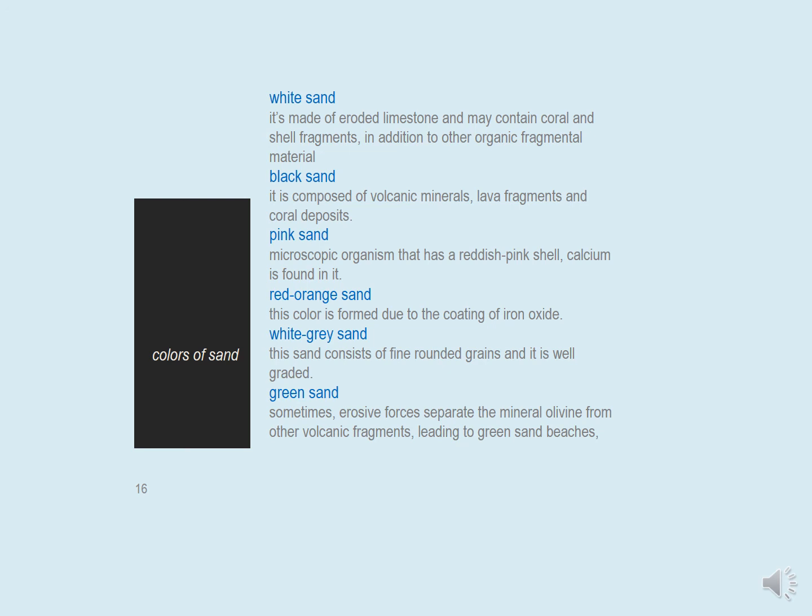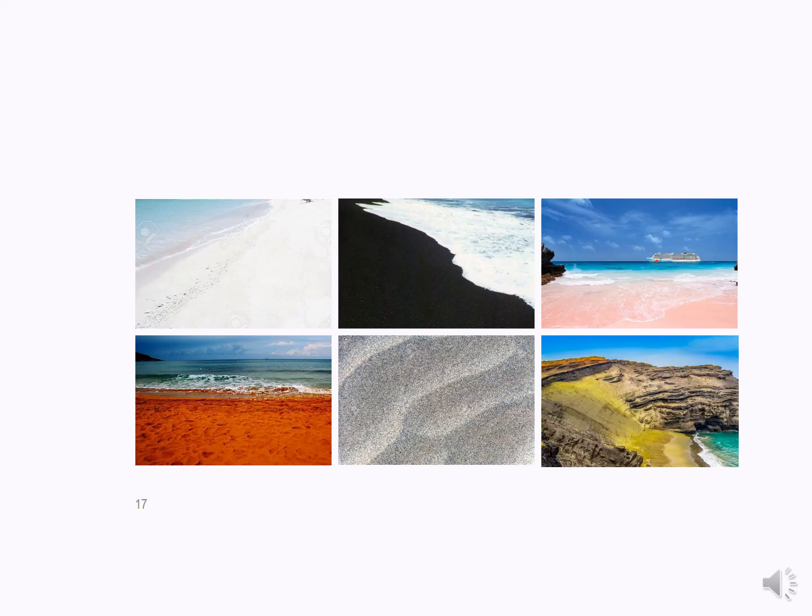Sometimes erosive forces separate the mineral olivine from other volcanic fragments, creating this green color for sand beaches. In this slide, I'm showing pictures of these different colors of sand, and the fifth picture is the gray-white sand, which is found in Lebanon.